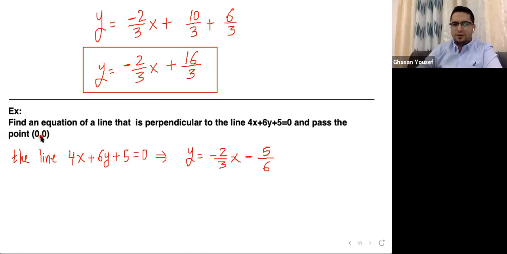Like I said before, to find any equation, I need the point and I need the slope. The point is given, it is 0, 0. Now the slope, I have to find it from the perpendicular line. What's the slope of this perpendicular line? What's the slope here?